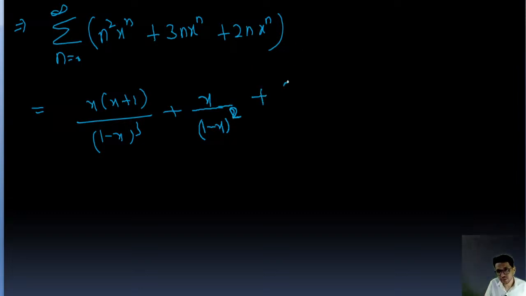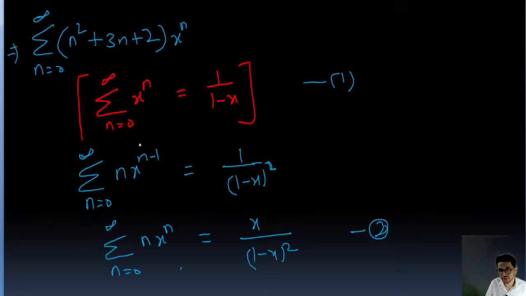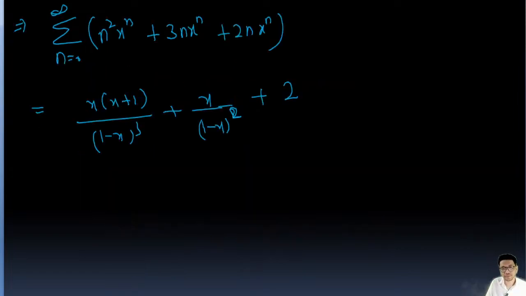Plus 2 sigma n equal to 0 to infinity n x to the power n, from equation... It is not n, guys.